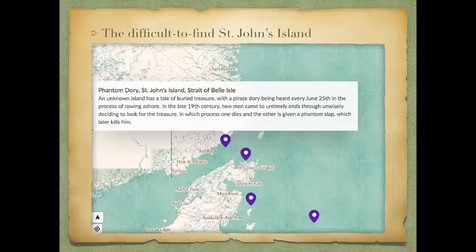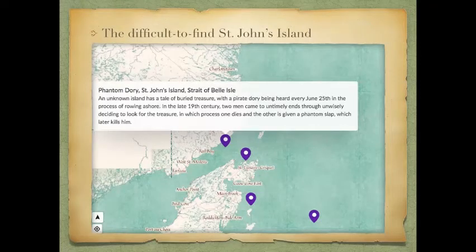And that was it. The story there is another one of the sinister pirate treasure ones. It's a tale of St. John's Island, which was said to have buried treasure on it. And every June the 25th, a dory would be heard rowing ashore, and that was connected with the buried treasure. In the late 19th century, so the story goes, two men came to untimely ends by looking for the treasure.